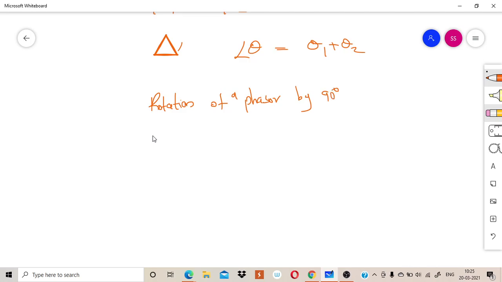Consider a phasor represented by a complex number, my notation is A. You can take any notation, a, b, c, d, z, anything. So A equal to 3 plus j4. This is in rectangular form, and in polar form that will be equal to 5 at an angle 53.1 degrees.